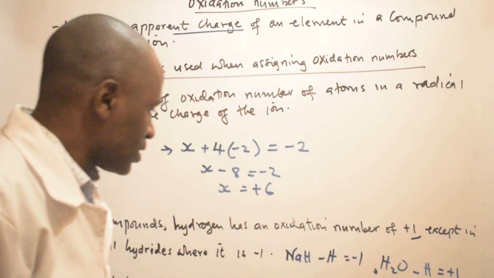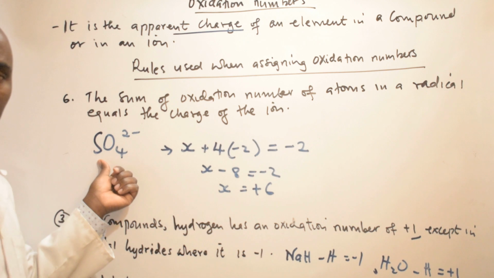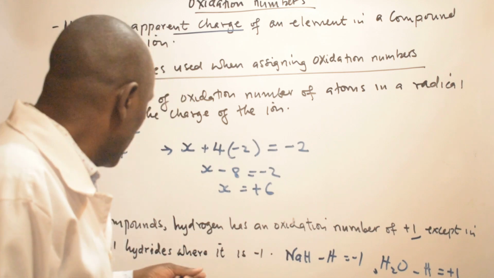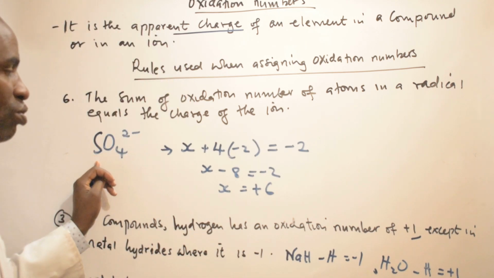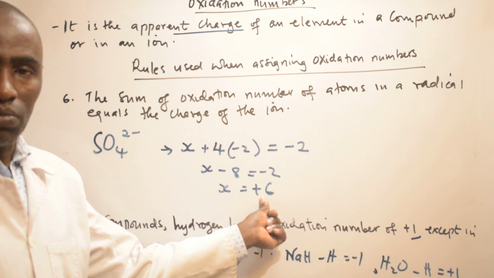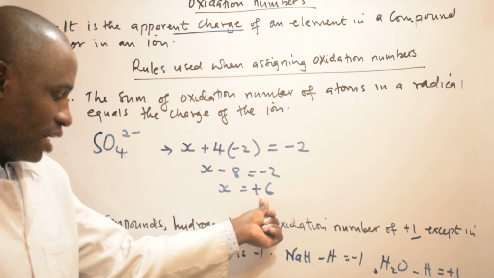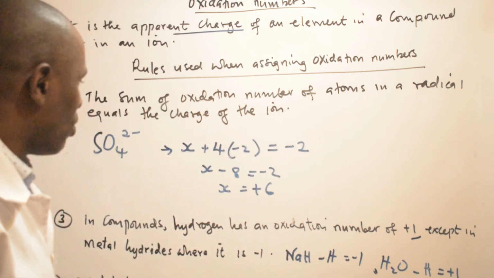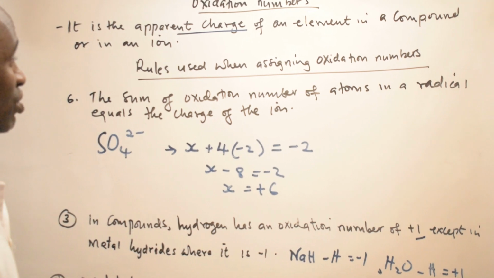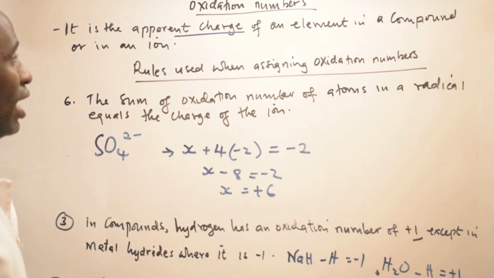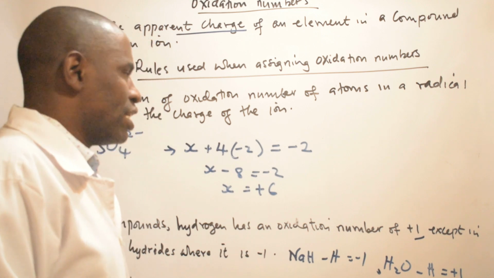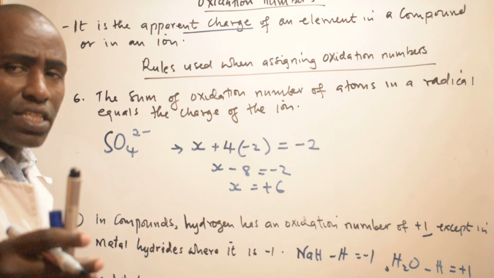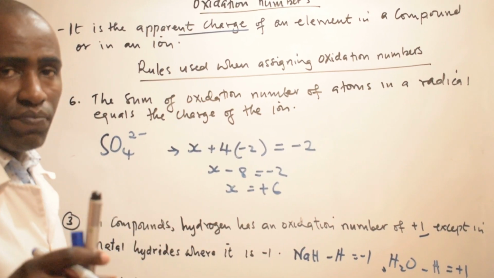In other words, during the formation of a sulfate ion, sulfur loses 6 electrons in the outermost energy level. That is what we are talking about as far as oxidation numbers are concerned. One of the applications of this is to be able to monitor the movement of electrons during a reaction.